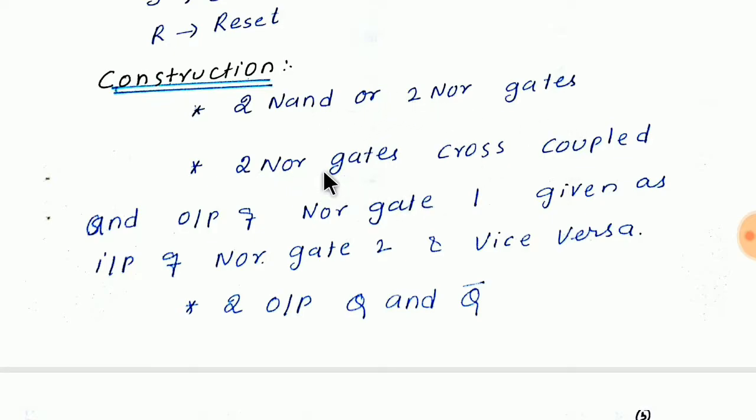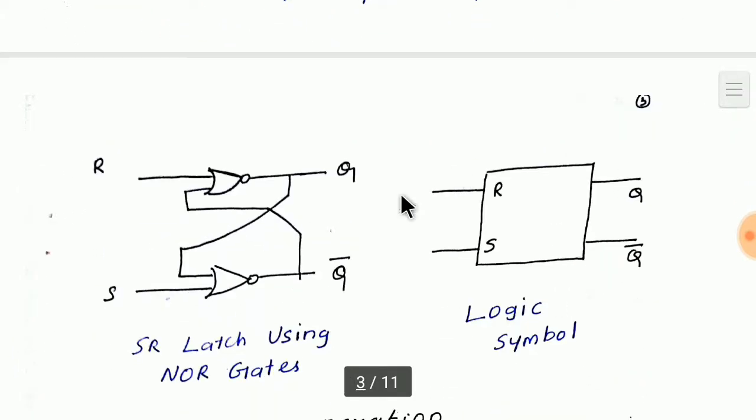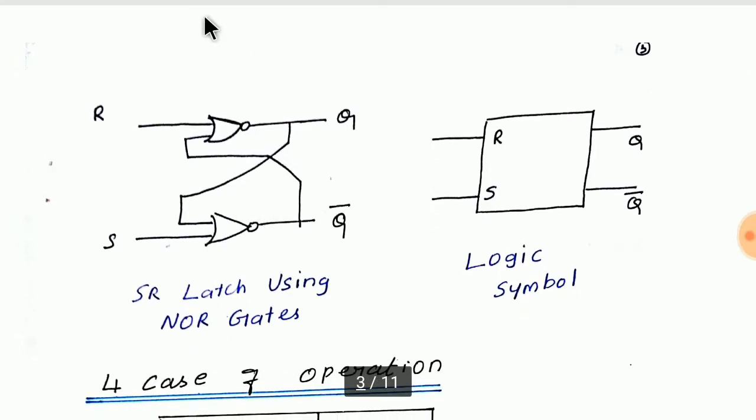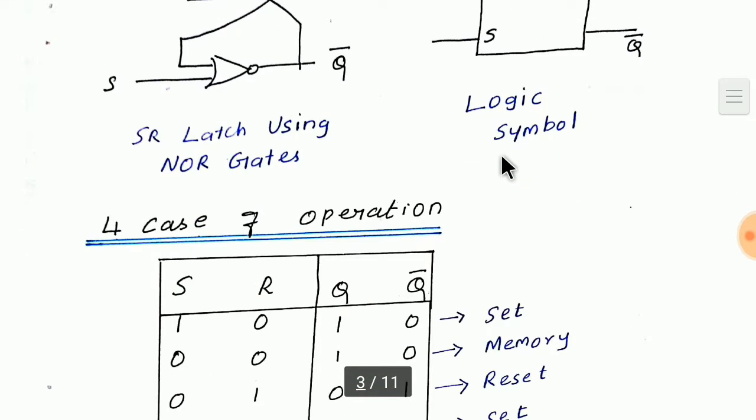That is, 2 NOR gates will be cross coupled to each other. I'll show you the circuit diagram. This is the circuit diagram. That is, one of our outputs is given back as input to the other gate, and in the second case also we are giving the input back. This is the gate level diagram, and this is the logical symbol we have.